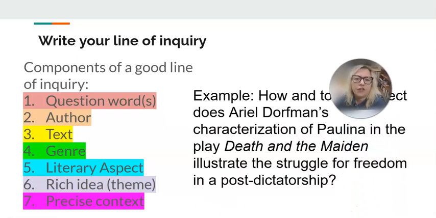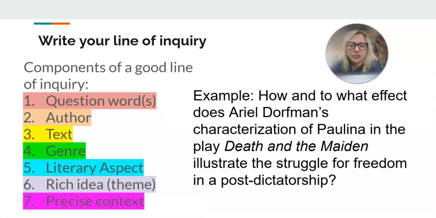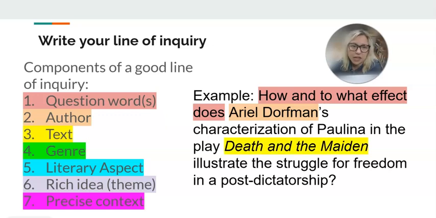How and to what effect does Ariel Dorfman's characterization of Paulina in the play Death and the Maiden illustrate the struggle for freedom in a post-dictatorship? So you can see how all 7 components are there. We've got the question words here: how and to what effect does. The author's name is Ariel Dorfman. The text is called Death and the Maiden, and it's italicized because it's a major work.